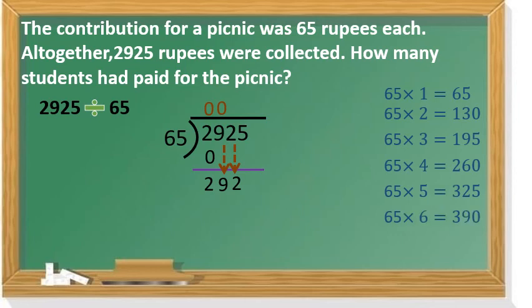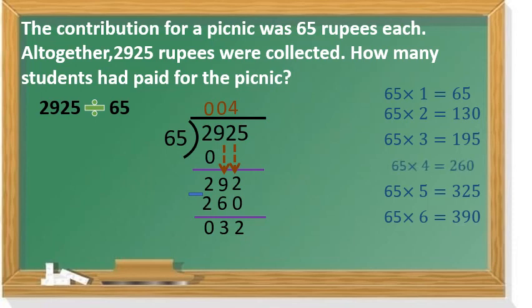I will write some of the table. Now here 292 is our target, which I have to select. 65 fours are 260. Now 292 minus 260, what remained? 32 remains.